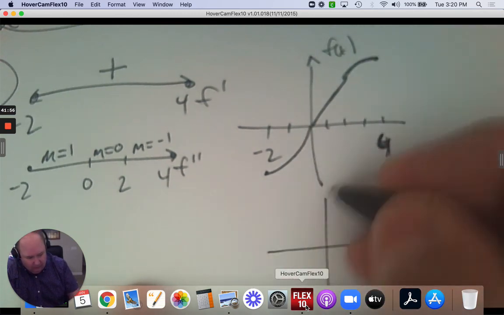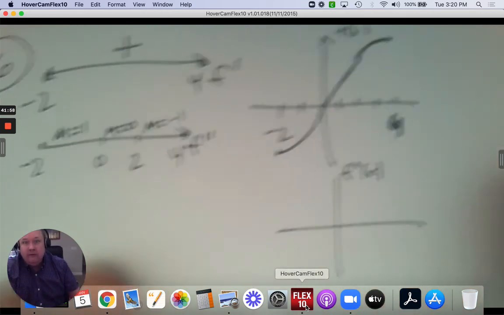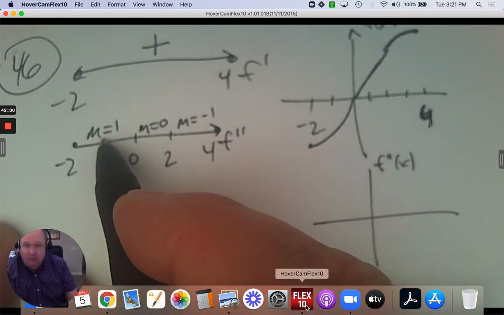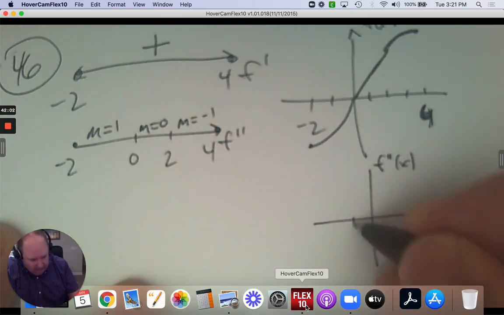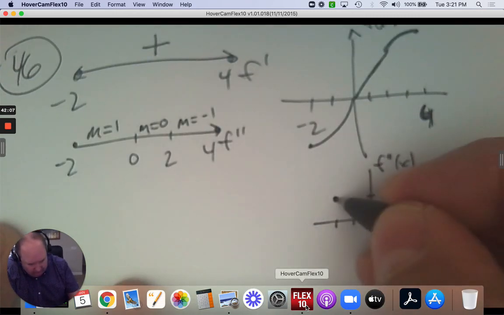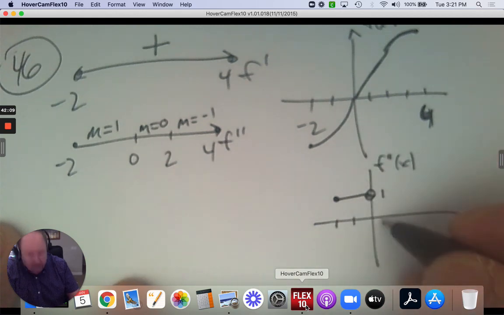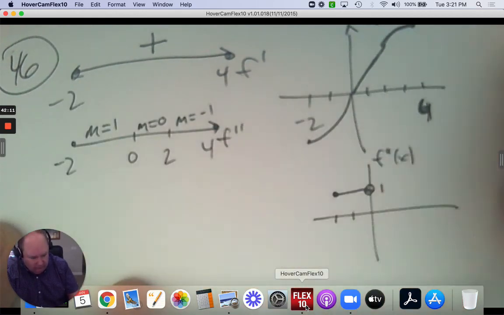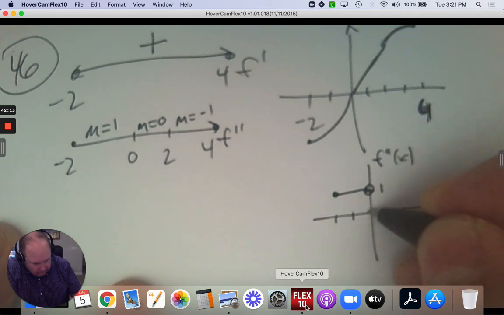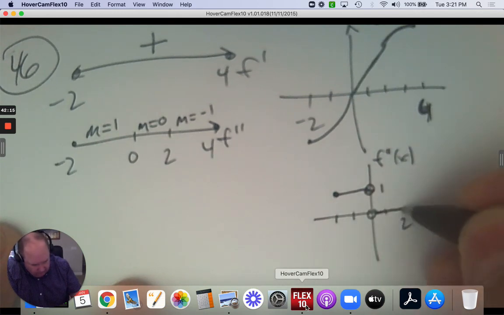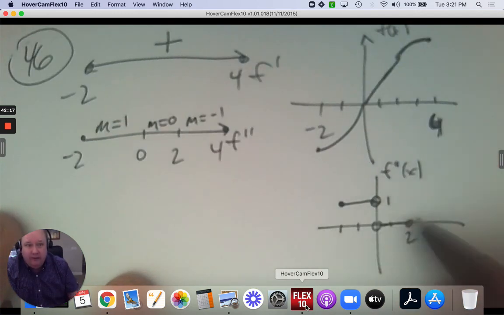What would it look like for the second derivative? All we're looking at is the slope here. So from -2 to 0, the answer is +1. From 0 to 2, it's 0.